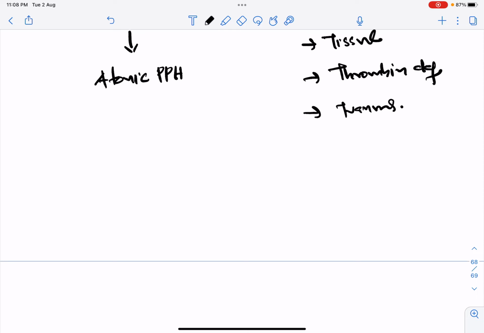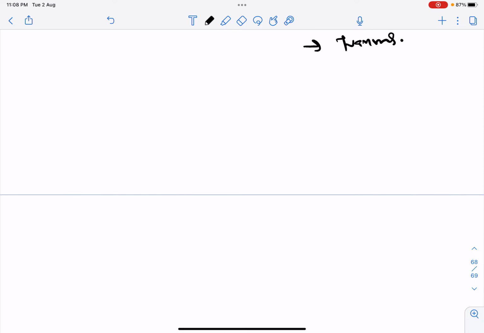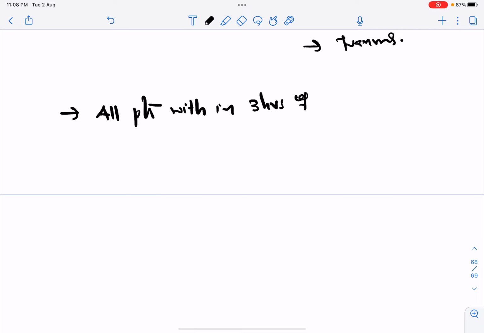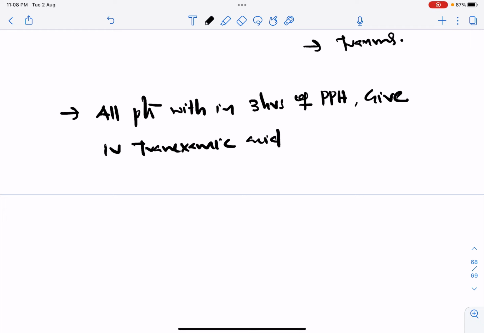So let's discuss one by one. The first point is, for all patients within 3 hours of PPH, give IV tranexamic acid. It is according to the WOMAN trial.